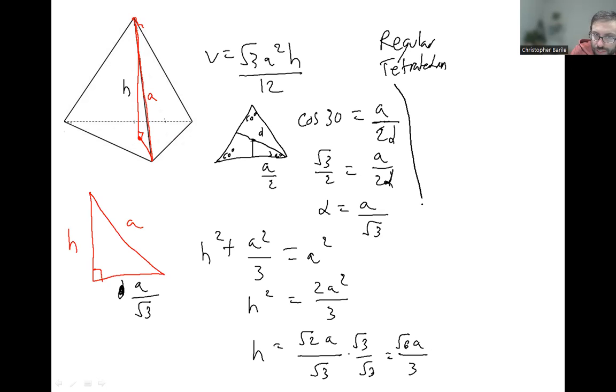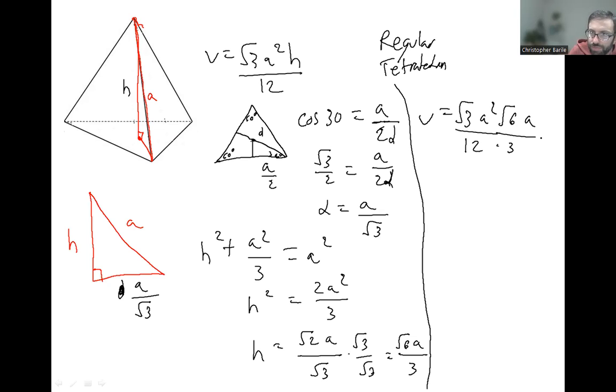So at this point, we're pretty much home free. We just have to plug in this H, because when we have a regular tetrahedron, the height is root 6 A over 3. So we plug it into our original generic formula for a tetrahedron with any arbitrary height. We're going to get H times H, so it's root 6 A times 3.